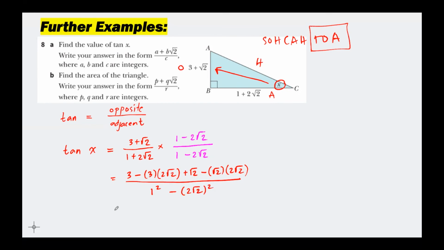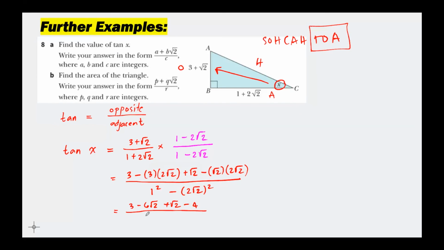All right, so now we can simplify your numerator. Your numerator becomes 3 minus 6 square root of 2 plus square root of 2, and then this gives us minus 2 square root of 2 times square root of 2, which is also 2. So that gives us a 4 in the end.